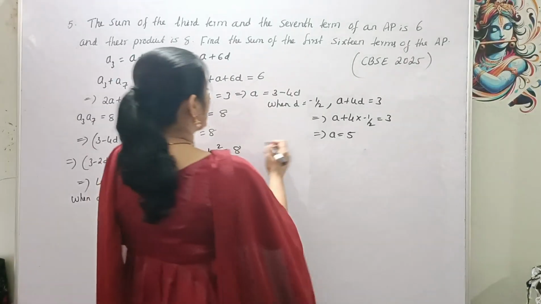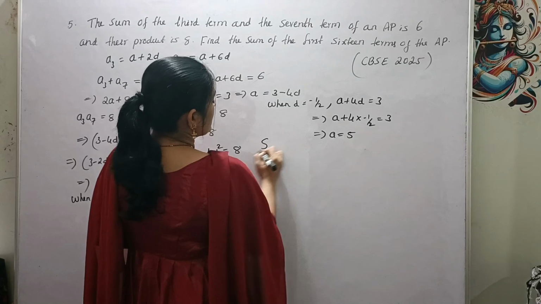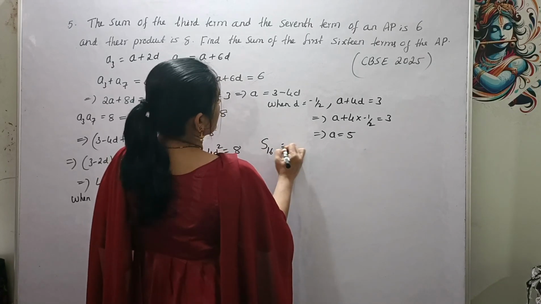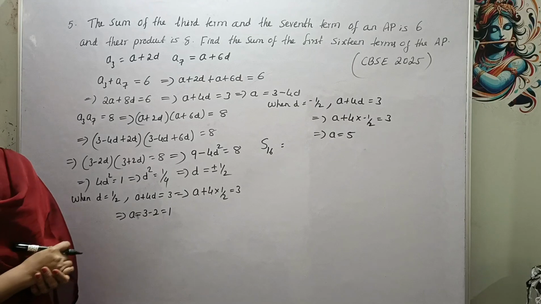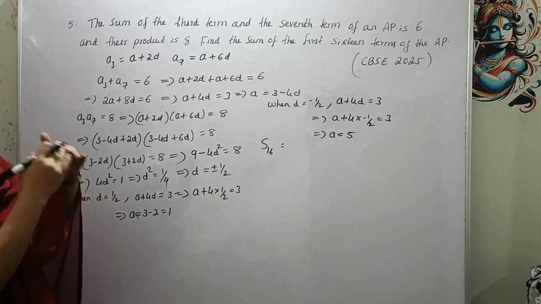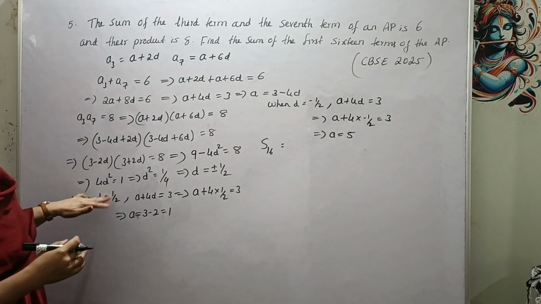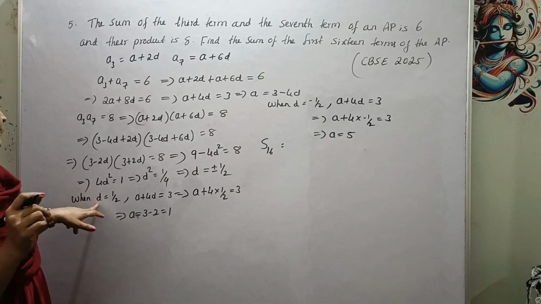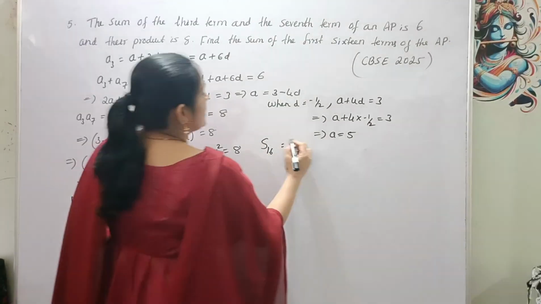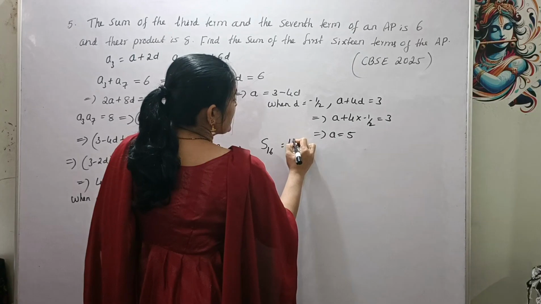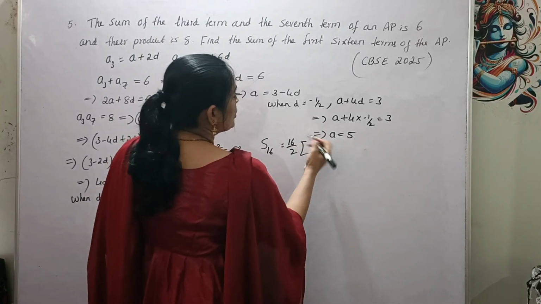Now let's find the sum. We have to find the sum of the first 16 terms, right? So here we will get two sums. Why? We have two values for D. When D is equal to 1 by 2, what is the sum? N by 2, that is 16 by 2 into 2A.